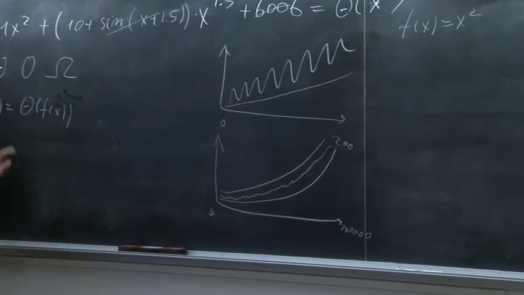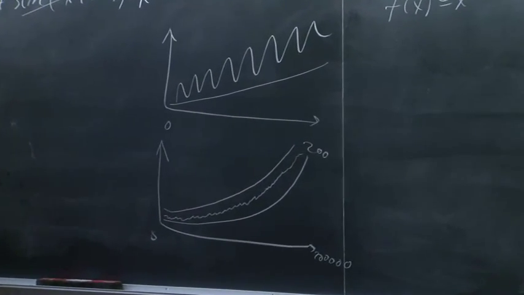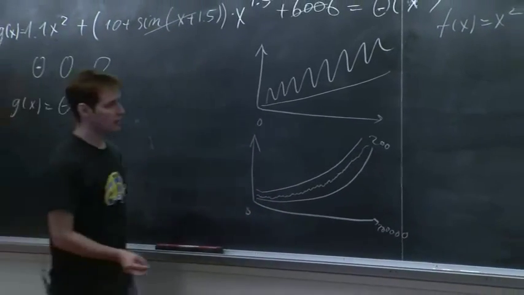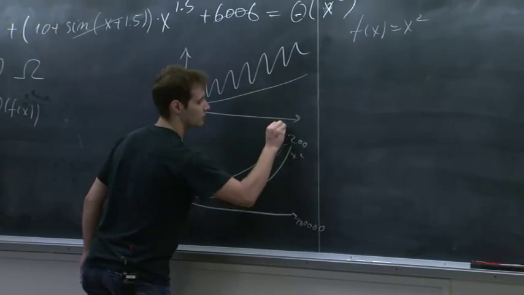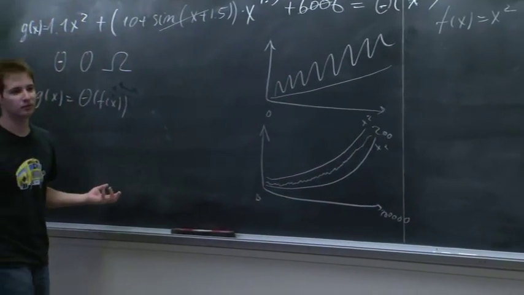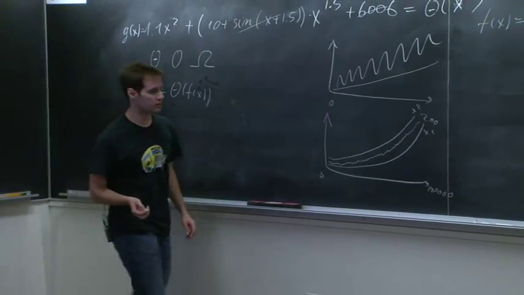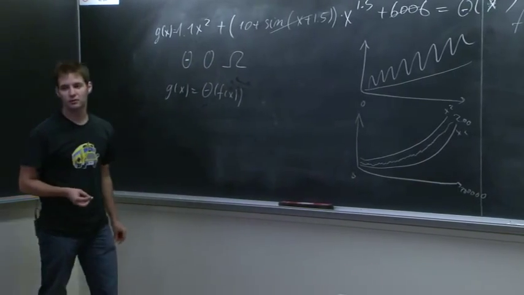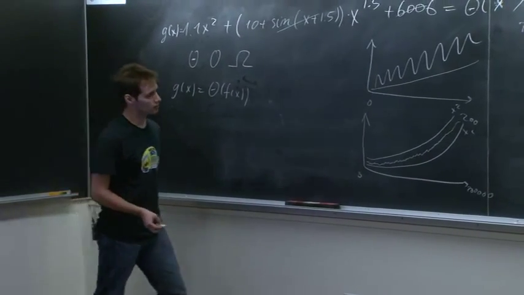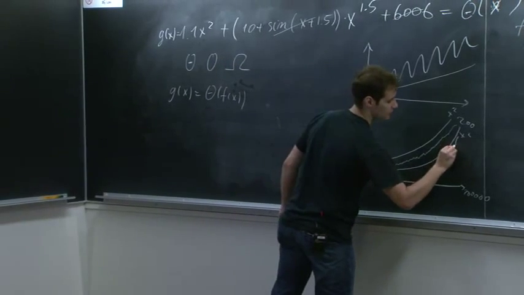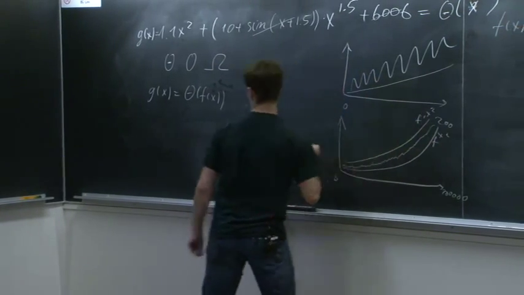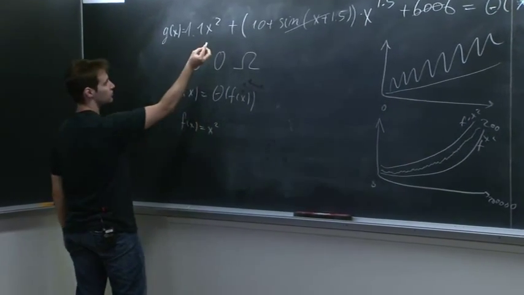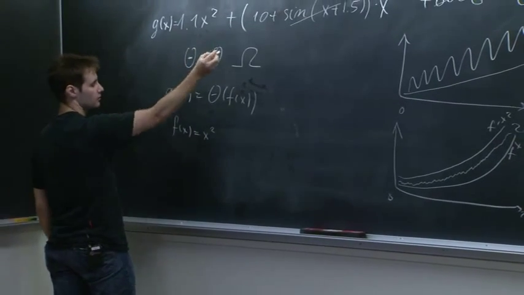And if I say this, then I'm making a promise that the function stays between the lower bound and the upper bound, and the bounds look sort of the same. I can't really have x squared here and x squared here, right? That would be impossible. So that's why I said they look the same. They're not the same, because they're allowed to differ by a constant factor. So if this is f, and say this is f prime, f of x might be x squared, and we know for sure that this is going to be lower than this.